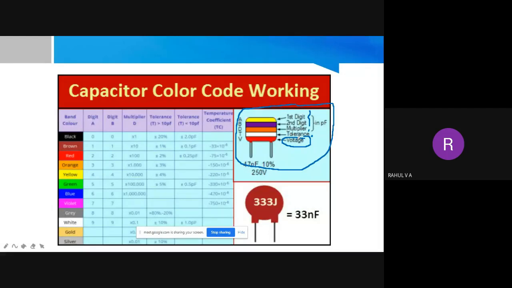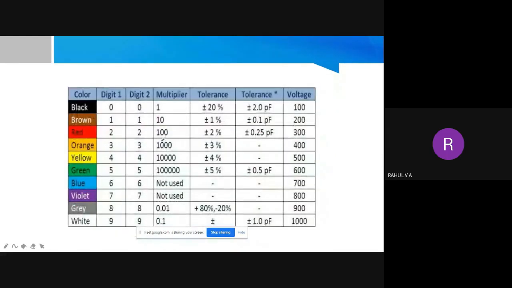Okay, so this is how the color coding of capacitor is done. Now there is a little bit of difference in the color coding. The digit value is the same. Black is 0, brown is 1, red is 2, like that white is 9. So this much is the same. And in the case of multiplier, black is 10⁰, brown is 10¹, that is also the same.